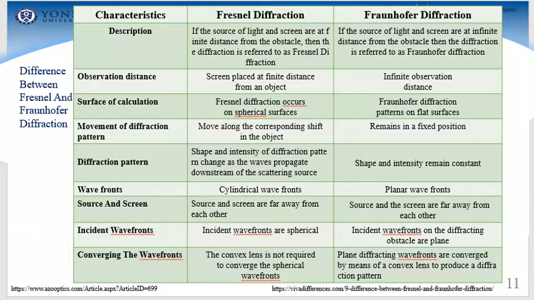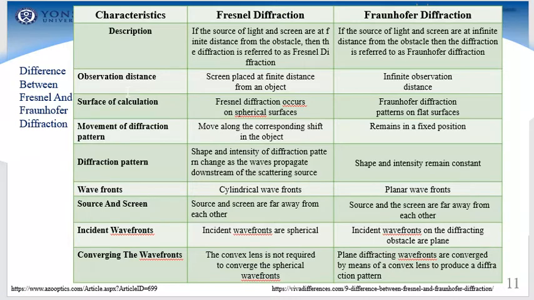This table characterizes the difference between Fresnel and Fraunhofer diffraction. I talked about a description of these two diffractions, and the difference between them is in the observation distance.